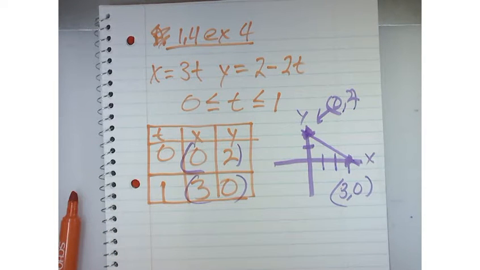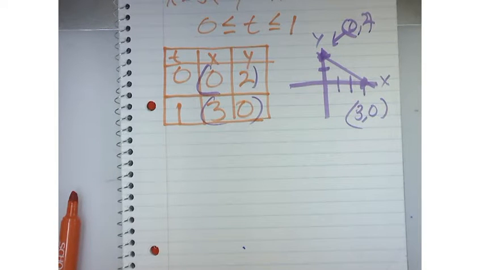Now here's the part that I think you guys are struggling with on the homework: it wants us to confirm algebraically. In part B on some of your homework problems, what they want you to do is to figure out what the Cartesian equation is.